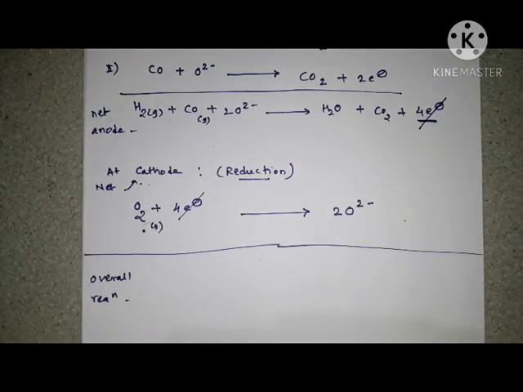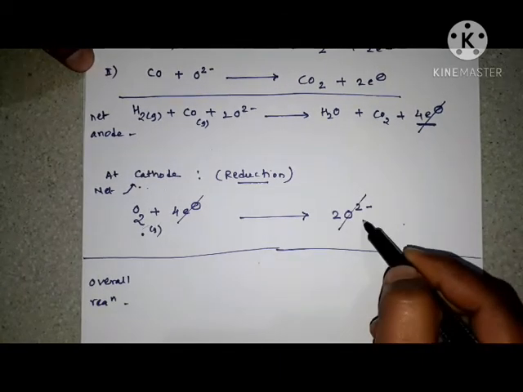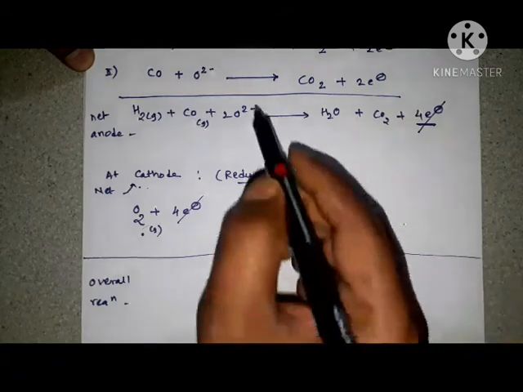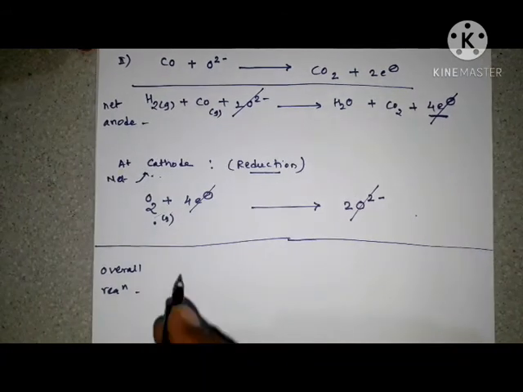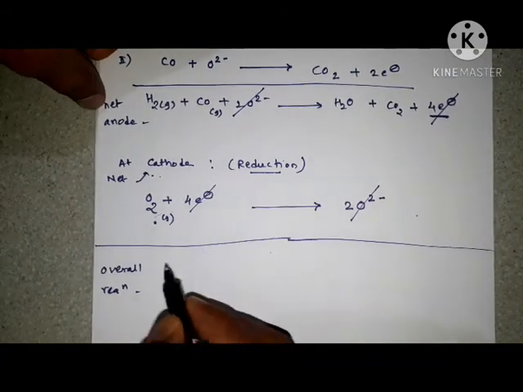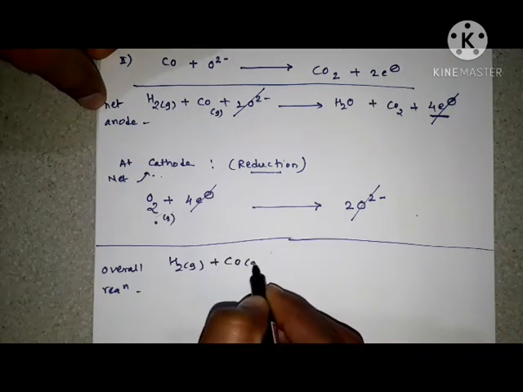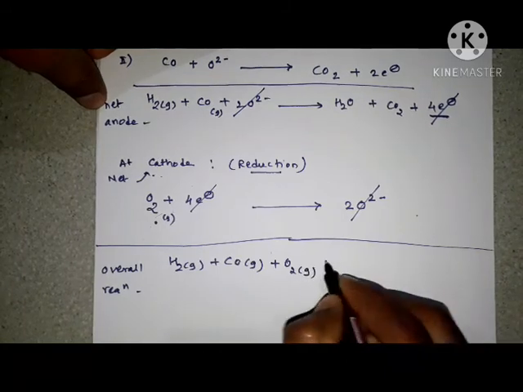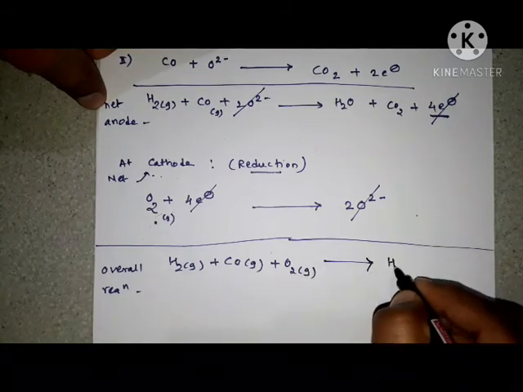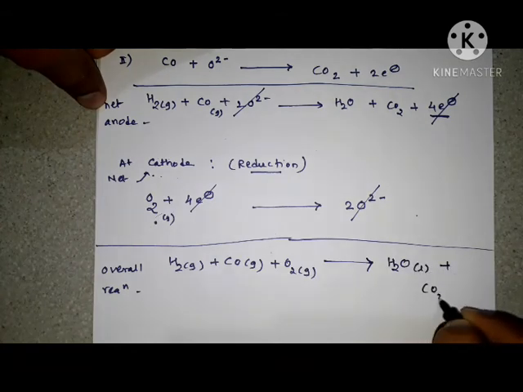Then 2O2 minus on the right and 2O2 minus on the left also cancel. The remaining part is H2 gas plus CO gas plus O2 gas, and you will get H2O in the liquid form and CO2 in the gaseous form.